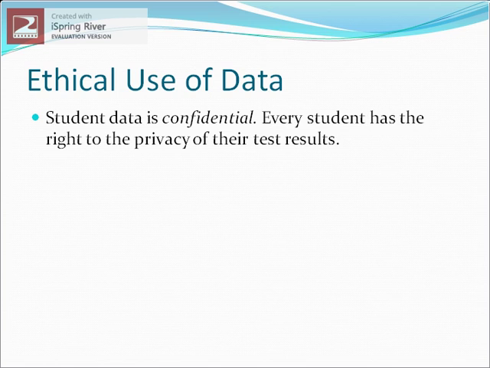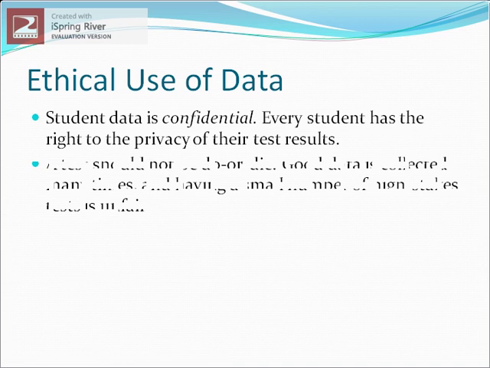Having that added social pressure of everybody knowing your score is not good. It's just going to stress people out. Students have the right to determine if they want their scores to be public or not. And that is something that you shouldn't take away from them by showing data to everyone in the class.